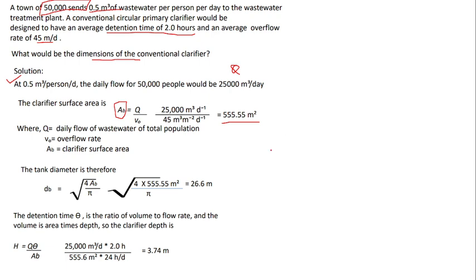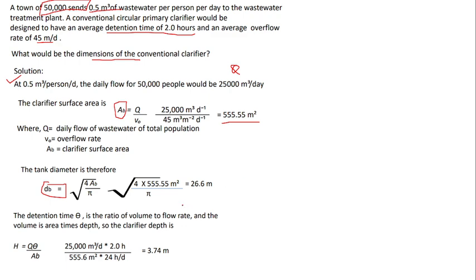Now we know the surface area. With this, the diameter of the tank can be calculated by using this relation: square root of 4 into surface area divided by pi. Substitute the answer here, so the diameter is obtained as 26.6 meter.